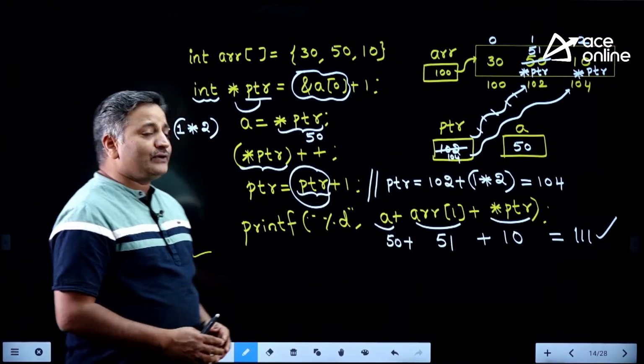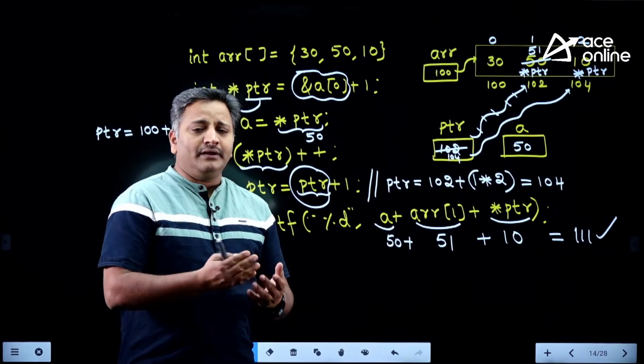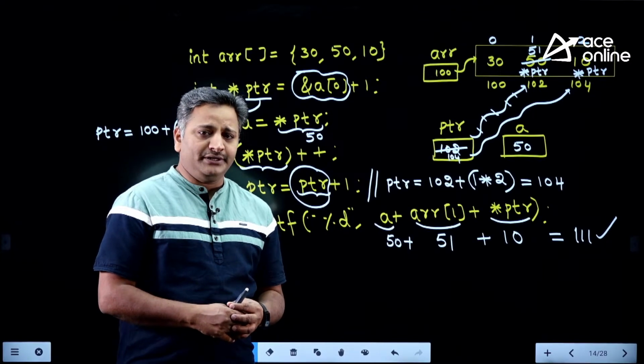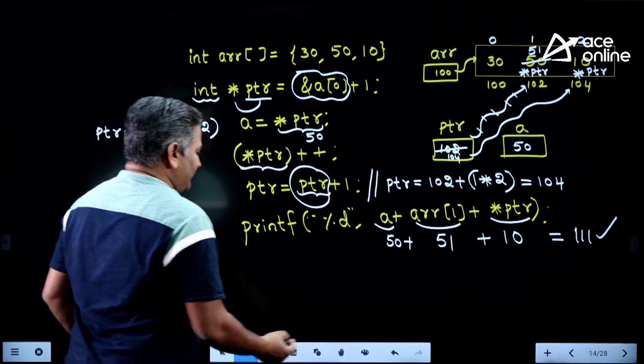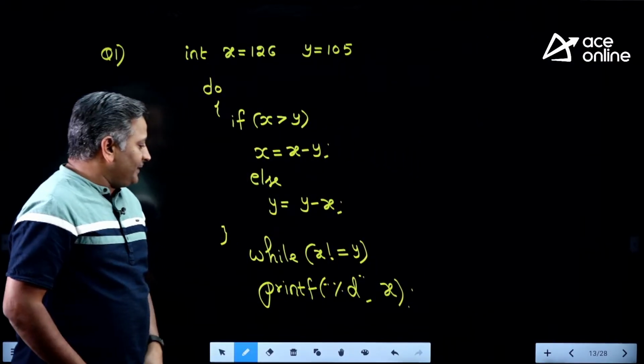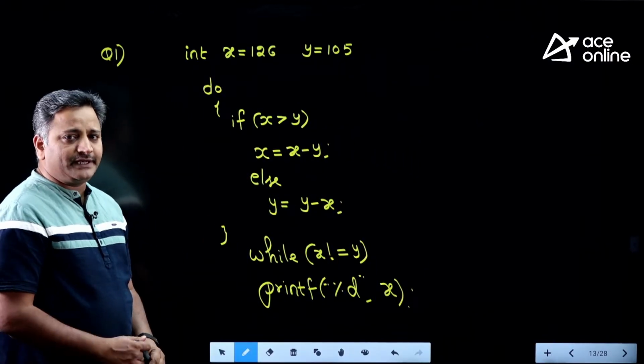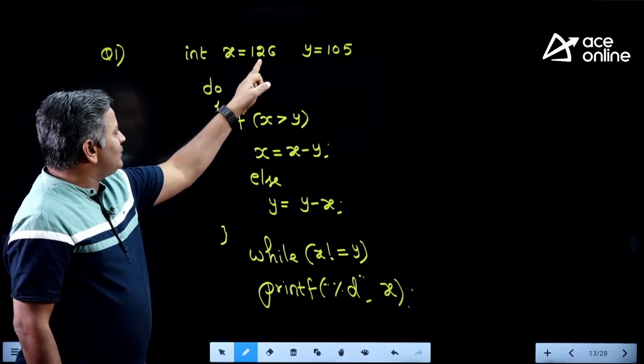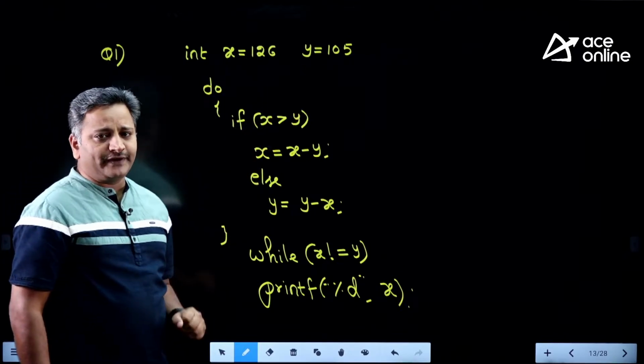And I heard that there is one question based on GCD, greatest common divisor, okay. But I don't know whether it is a reliable question or not, just verify. This is a question asked in the GATE paper. Please verify whether it is really correct or not. They provide x = 126 and y = 105.